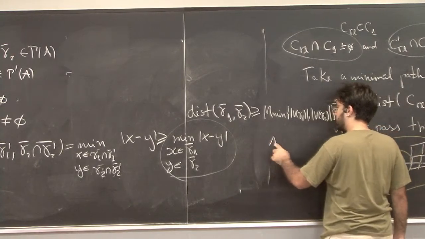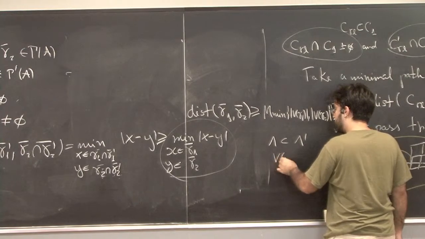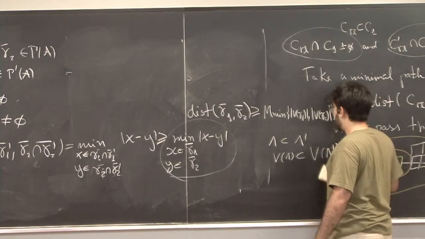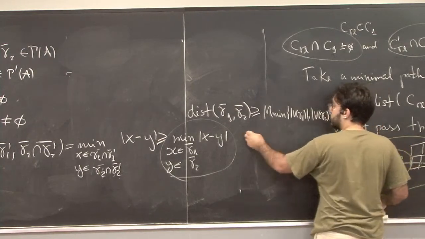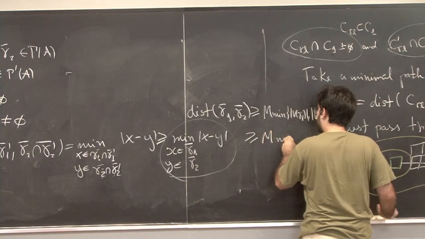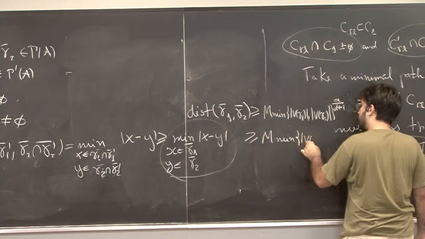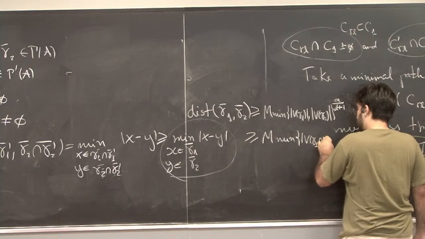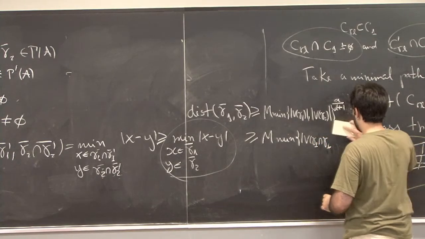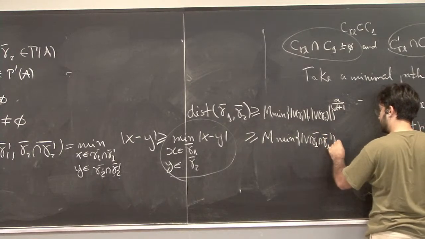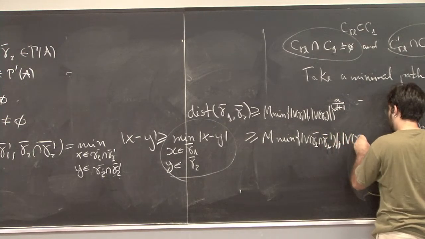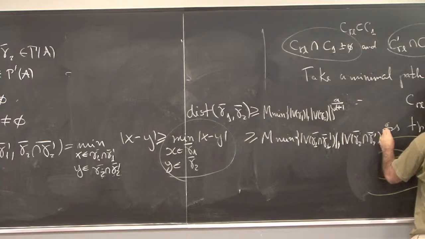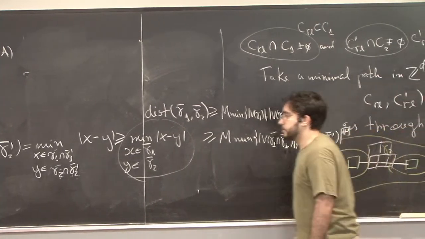What I mean is that if lambda is contained in lambda prime, then the volume of lambda is smaller than the volume of lambda prime. So this means that this minimum is larger than m times the minimum of the volume of gamma 1 intersected with gamma prime, and the volume of the other one, to the power AD plus 1. So okay, it satisfies condition B.